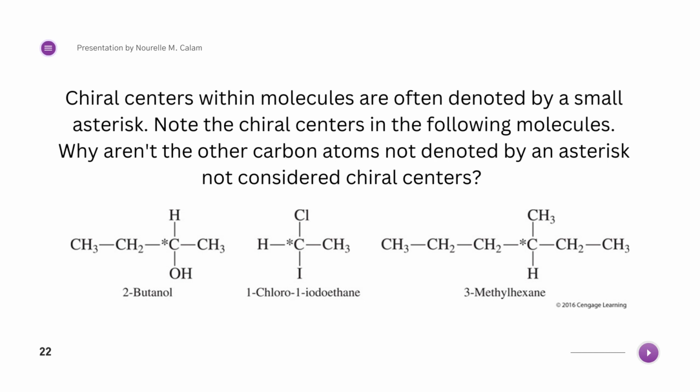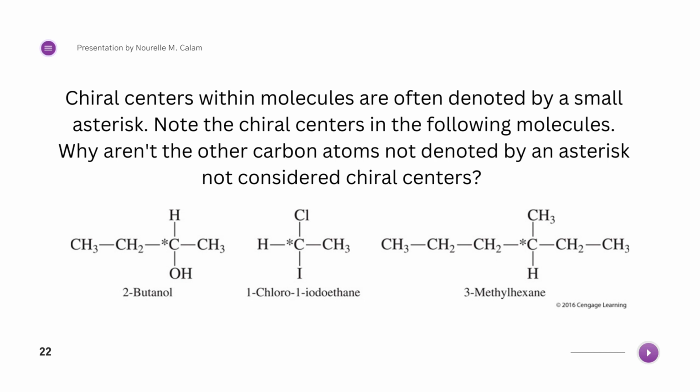Now for 3-methylhexane, again, the chiral carbon is being denoted by a small asterisk. Now on your own, I want you to determine why the other carbon atoms, not denoted by an asterisk, are not considered chiral centers.